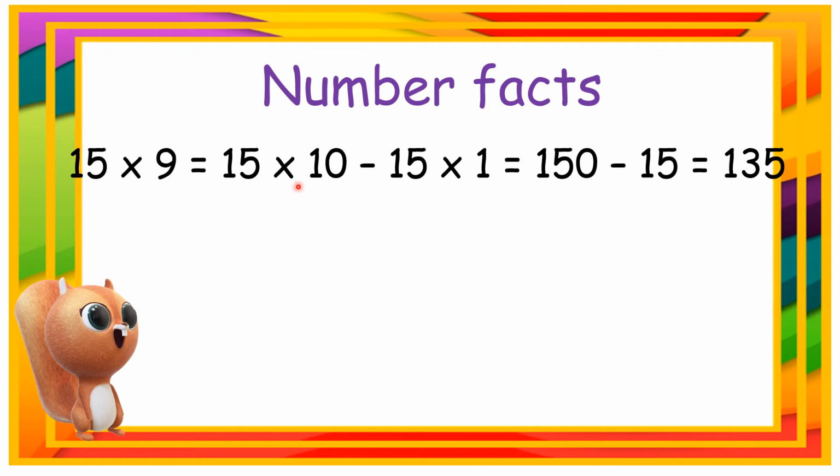So 15 multiply 10 minus 15 multiply 1. I have 150 as my answer minus 15, and that is 135. I hope this is clear. Here is an example for you to have a go. What do you think this would be? Pause the video and have a go.